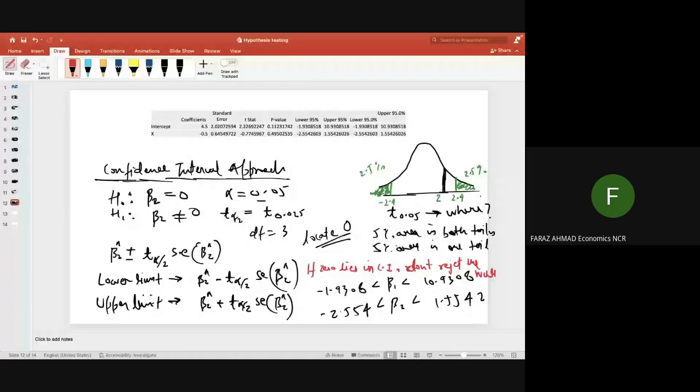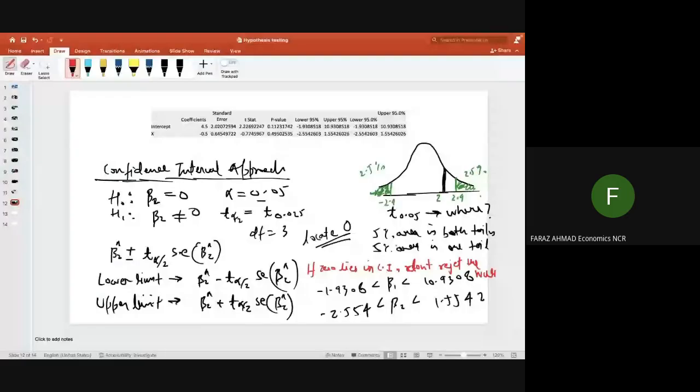If zero lies in the interval, you can't reject the null, because the null says beta 2 is zero, and you can't reject it because zero is coming in the interval. You would say the null can't be rejected, and we go by the null that beta 2 is zero. In both the cases, the lower limit is a negative value and the upper limit is a positive value.